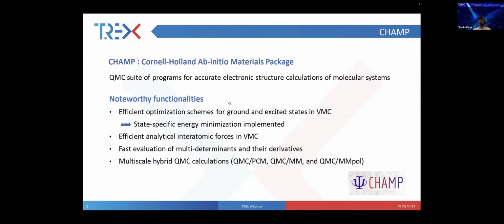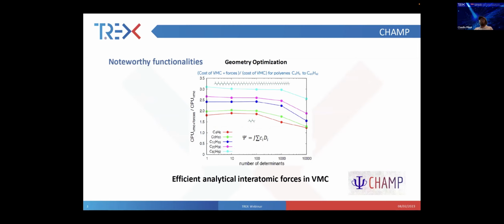We also have fast evaluation of multi-determinants and their derivatives. And lastly, we have multi-scale hybrid QMC features, so you can do multi-scale calculations along with QMC. To elaborate further on those features, I will be giving some examples for each one of them.